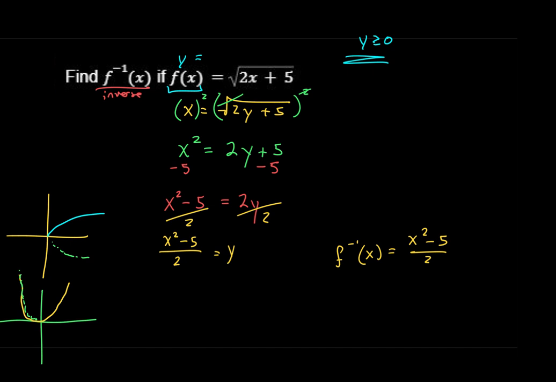Well, which means when we switch x and y, the original range becomes the inverse function's domain of x greater than or equal to 0. So we need to impose this restriction on the domain because the shape of the quadratic graph is not the same as the shape of a square root function's graph.